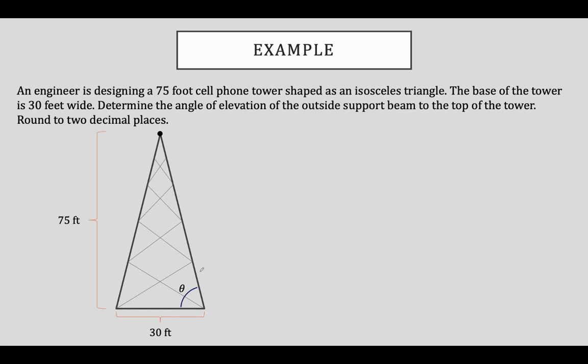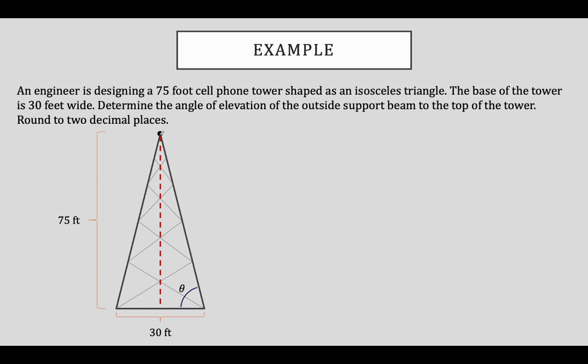Well, how are we going to do this? We don't have a right triangle here, but what we can do is drop a vertical line from the top of our cell phone tower down to the base and generate two right triangles, allowing us to work with our right triangle trigonometry.